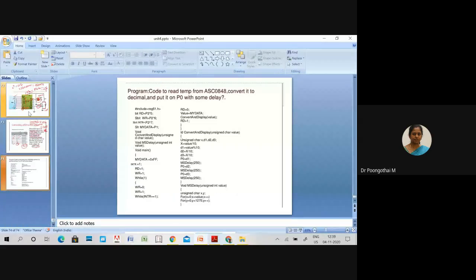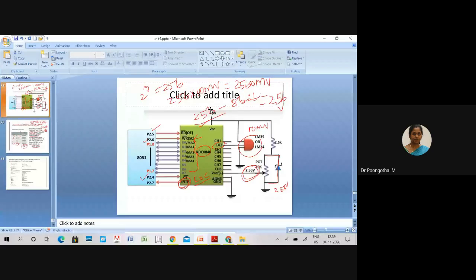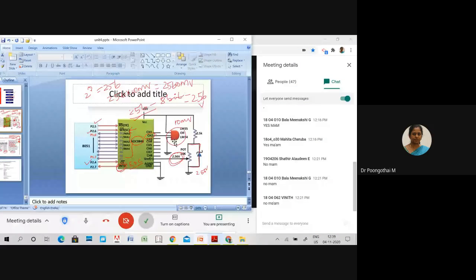So can anyone explain the operation of this ADC? What is the first step of the operation? Your temperature sensor is actually, in our ADC circuit in the laboratory experiment, instead of LM34 or 35, we have connected a potentiometer.